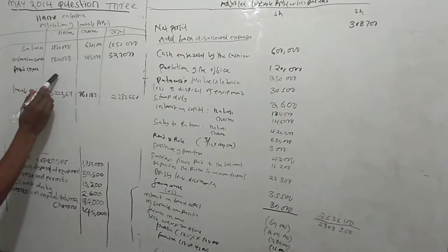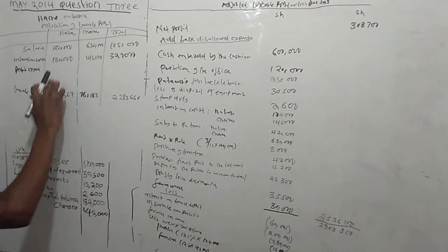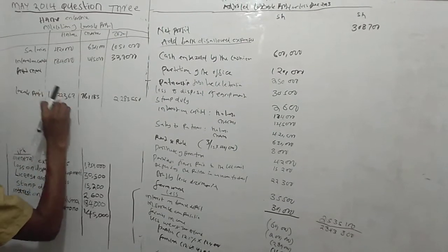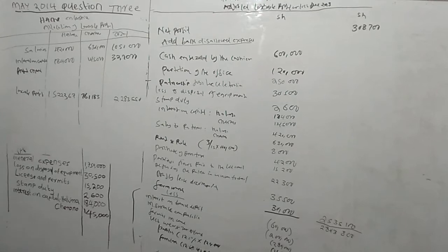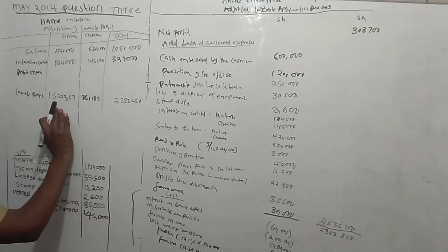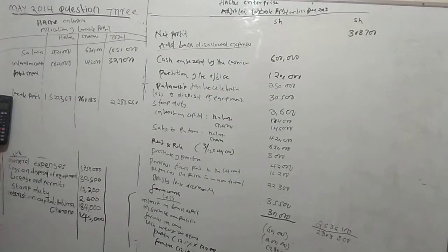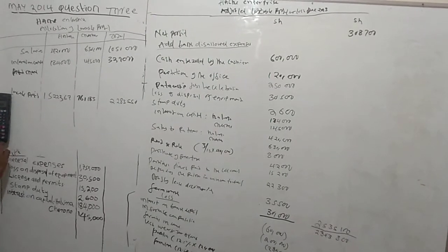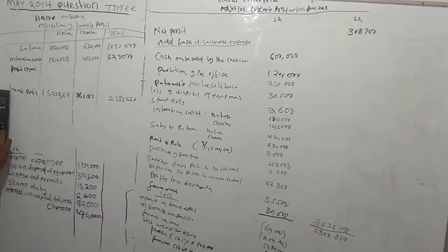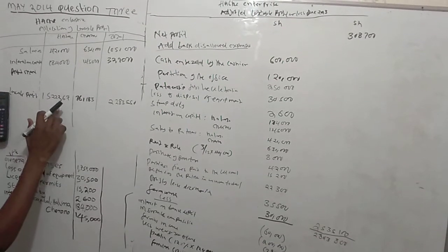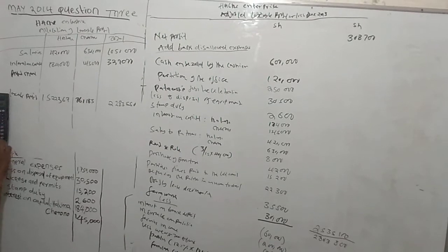For us to get this profit share, we are going to take the salaries, add the interest, then subtract these from the total amount, which will be 1,522,367. So we take 420,000 plus 184,000, then 1,522,367, subtract the answer.